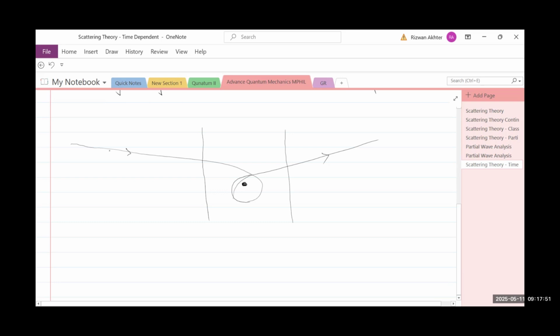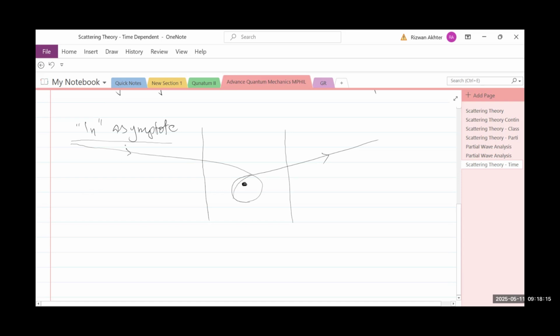This incoming beam makes an asymptote, and we call it the in asymptote. We call it an asymptote because this electron at large distances away from the scattering center does not feel the potential of the scattering center.